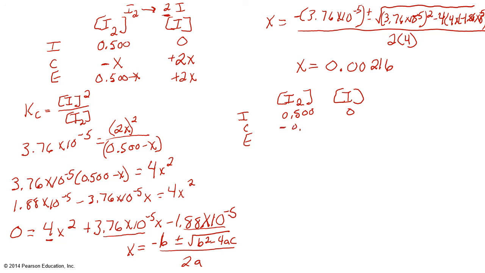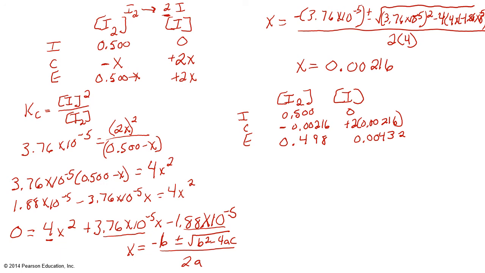So we're going to subtract 0.00216 and add 2 times 0.00216. And so at equilibrium, our reactants are favored in this case. We didn't change the reactants by very much.